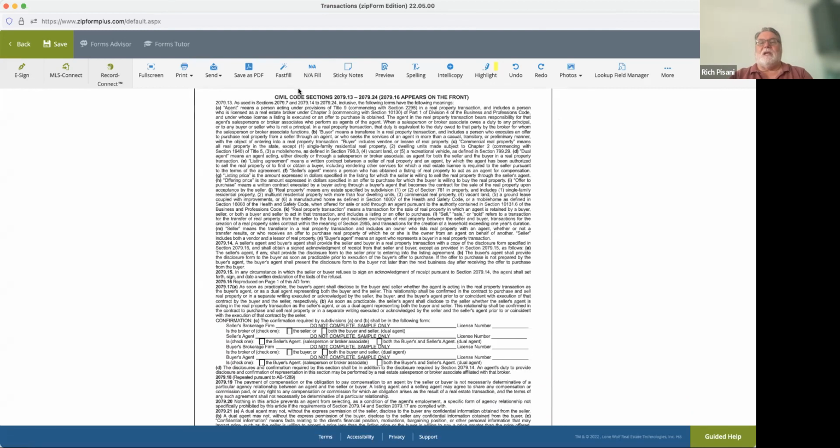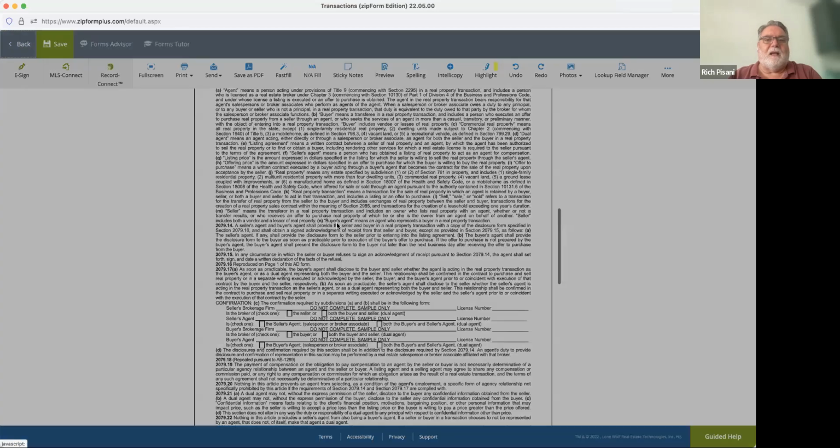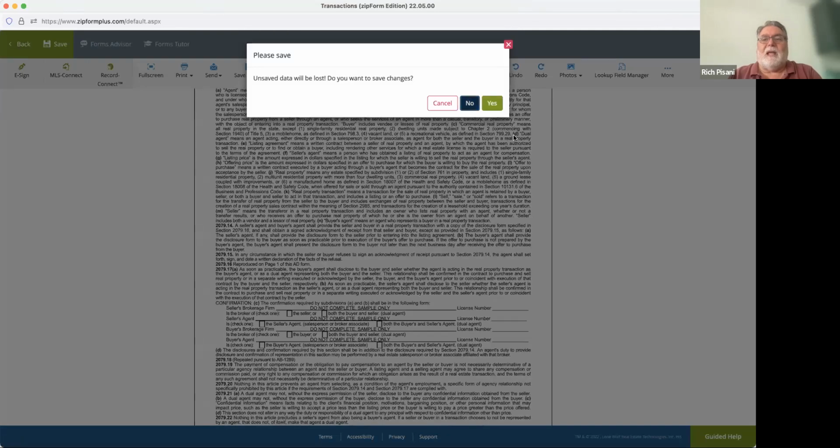The second page is the actual statute. That's all this is. So that is the very first document that you are going to present to your client, and it's really easy to explain in that all it is talking about is agency.